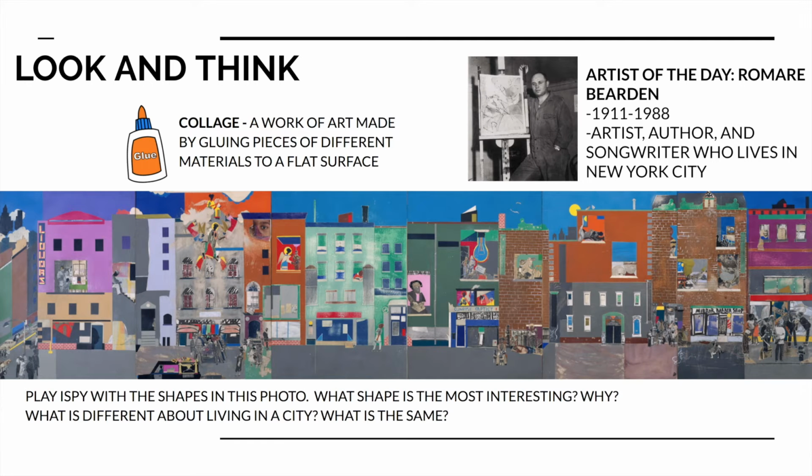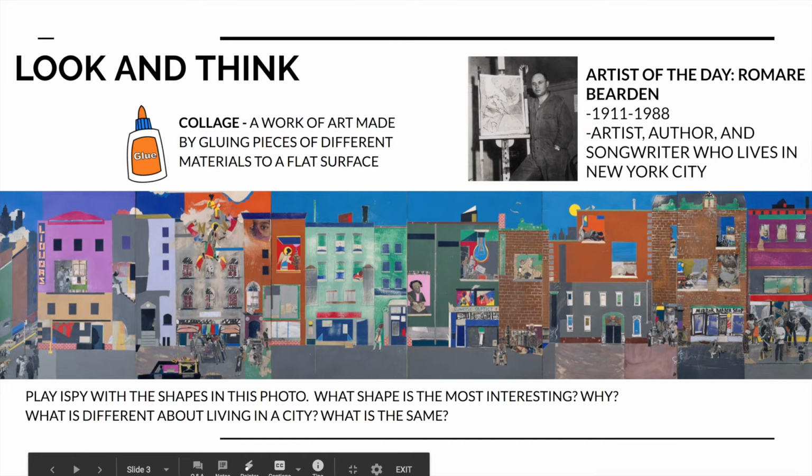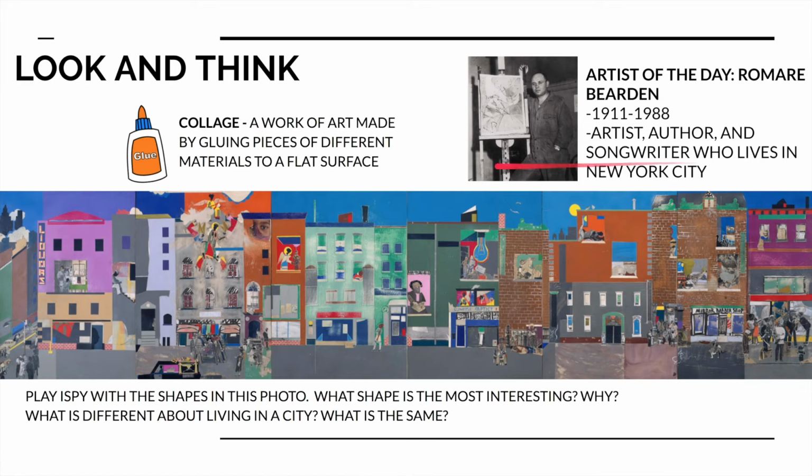Look and think. Today, our artist of the day is Romare Bearden. He was born in 1911 and he passed in 1988. He was an author, an artist, and a songwriter who lived in New York City. This big image down below is one of his collage works.